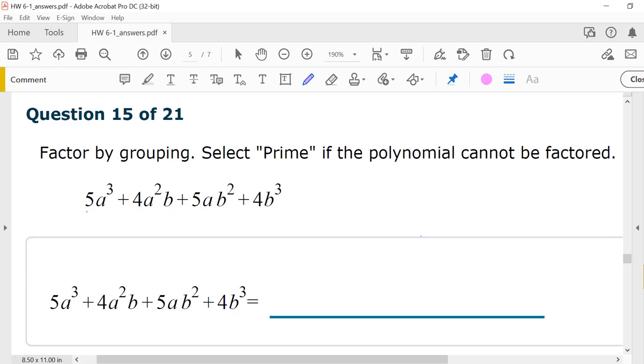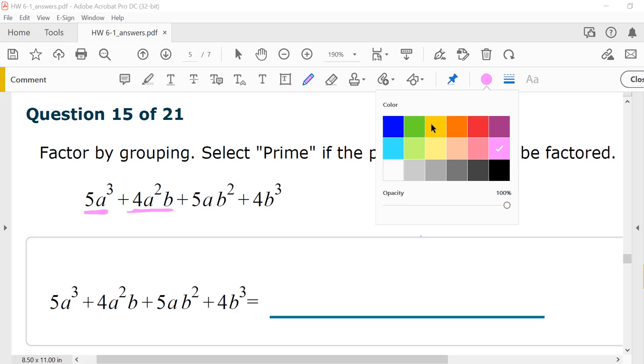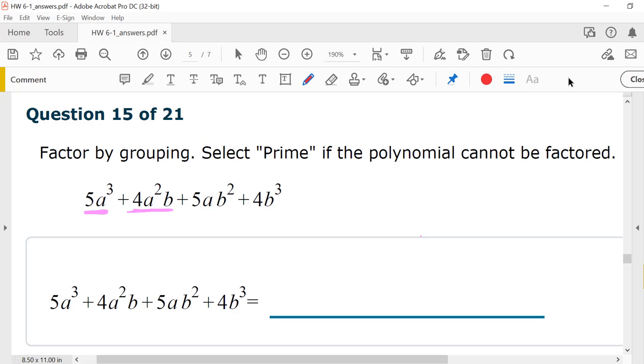So let's look at just the first 2 factors. What's the GCF of those 2 factors? Nothing in common but 1, but I see an a cubed and an a squared. So I'm going to pull out an a squared. What's left in that pink grouping?